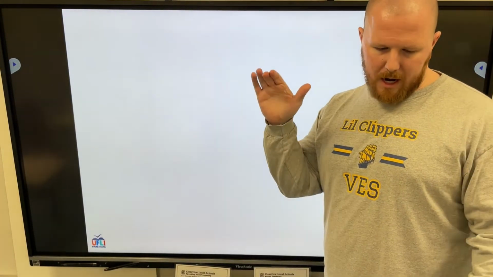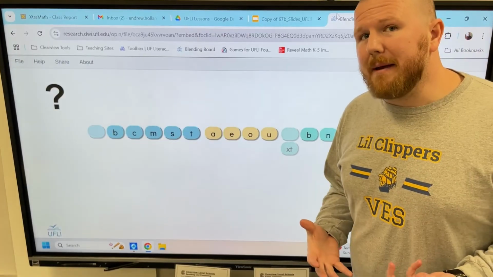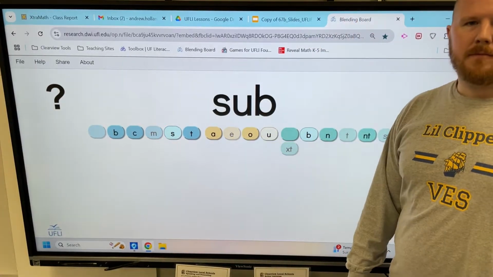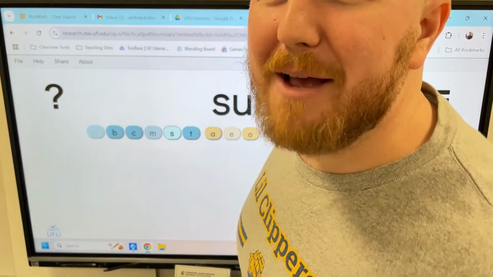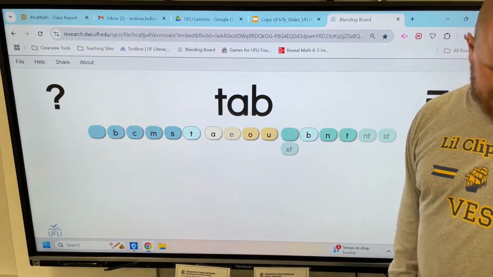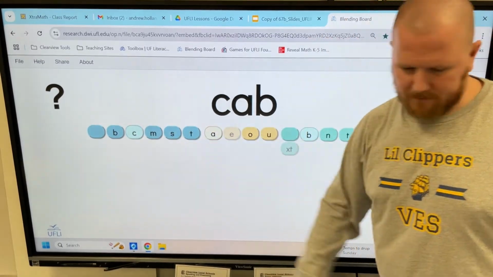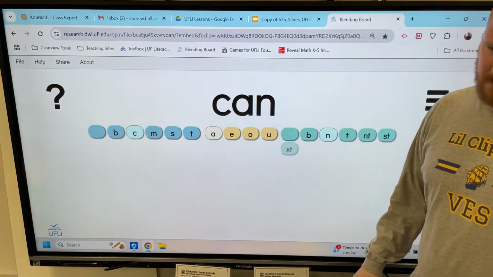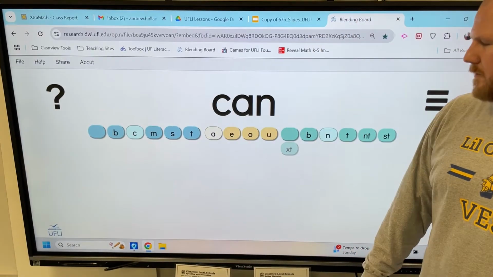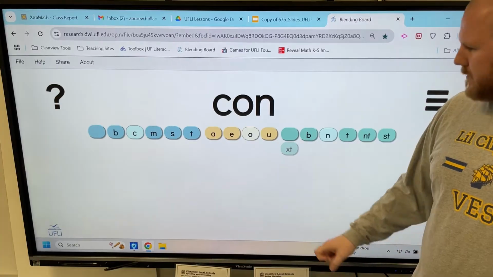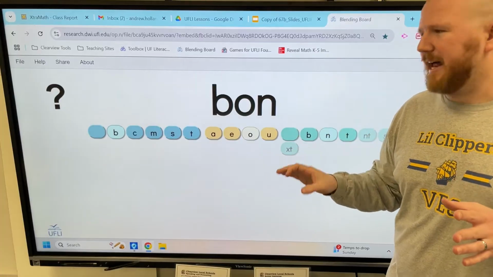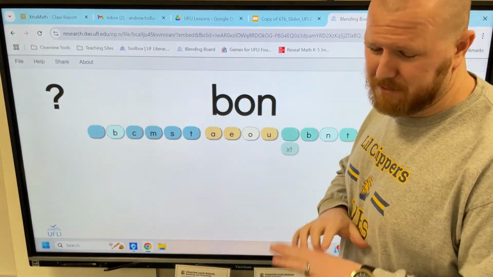We're going to move into our blending board right now, where I'm going to make some words for us to read. So the first word is sub, which is short for subscribe. Anywho, so we have sub, and now we have grab, can, band, bond. This one is a nonsense word. Sometimes you need to know nonsense words. But anyway, bond.